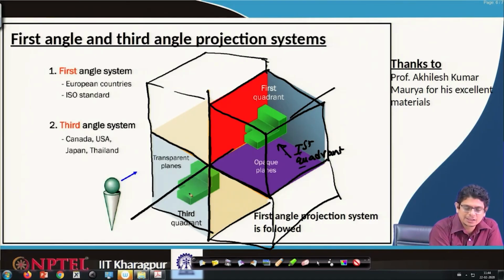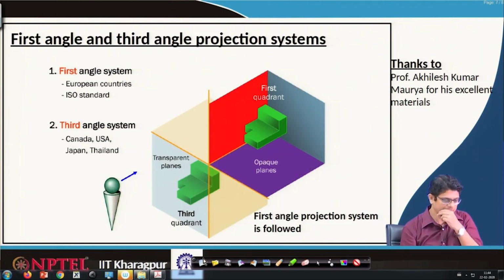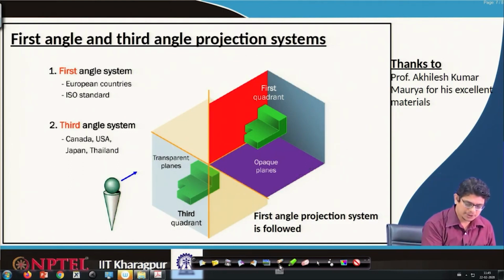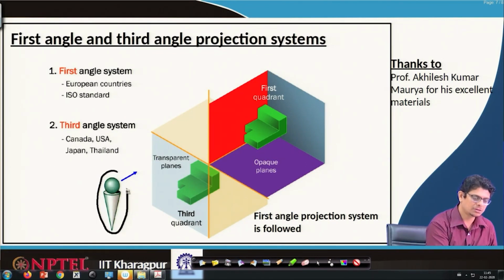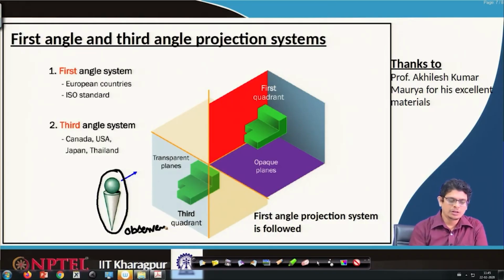Similarly, if the block is kept in the third quadrant and we are making observations of the object from that direction, we call that the third quadrant system. So, based on this observer, the views whatever we obtain, we call either first angle projection or third angle projection.